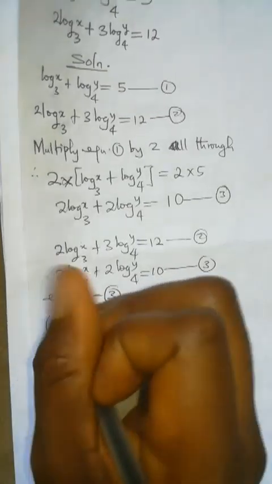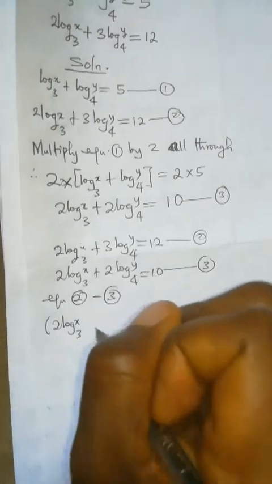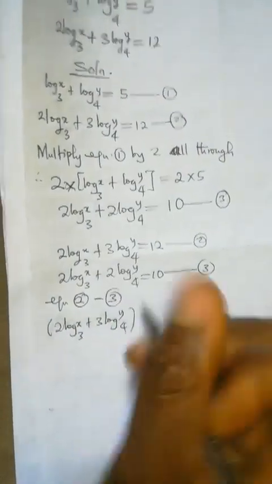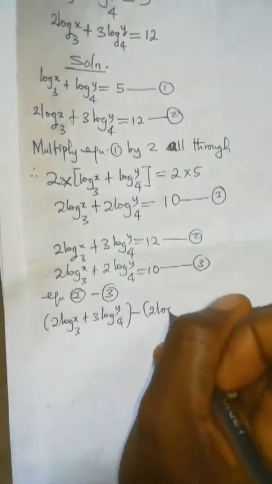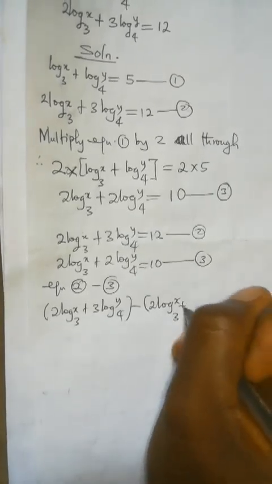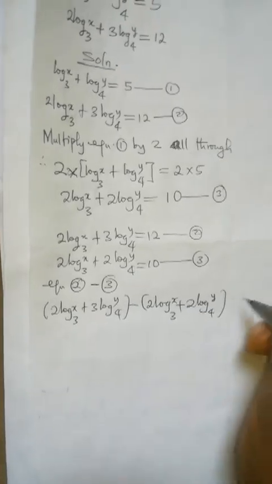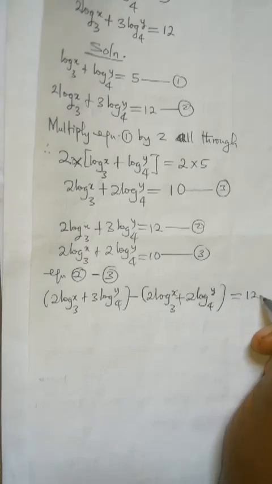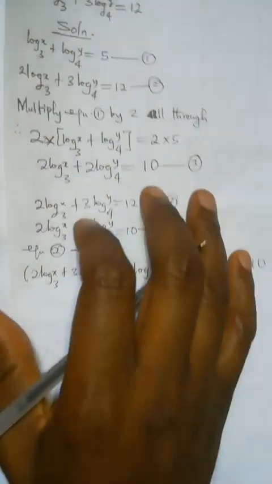So let's say, open bracket, 2 log x base 3 plus 3 log y base 4, minus, open bracket, 2 log x base 3 plus 2 log y base 4, is equal to what? 12 minus 10. So let's open the brackets.